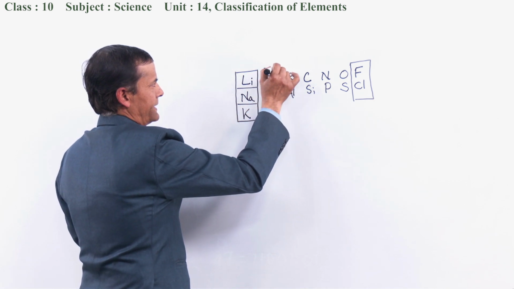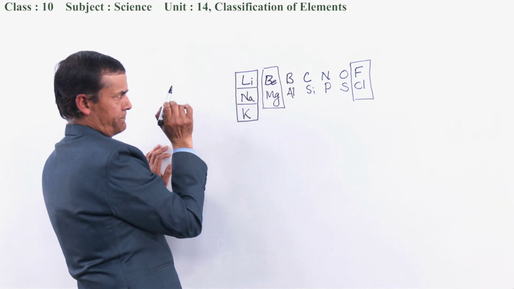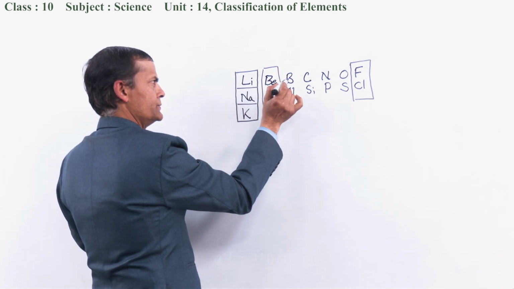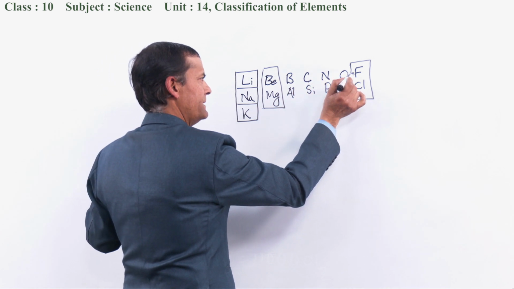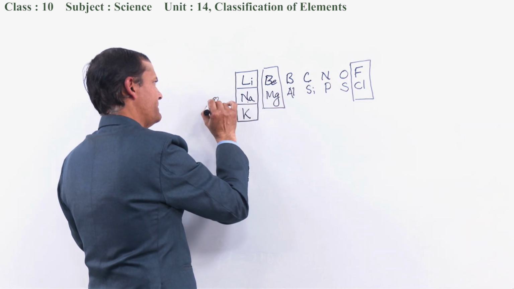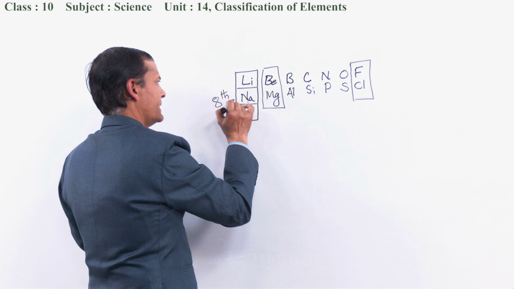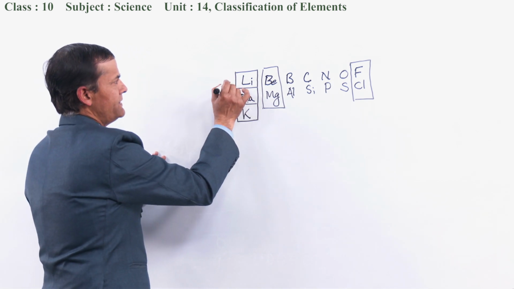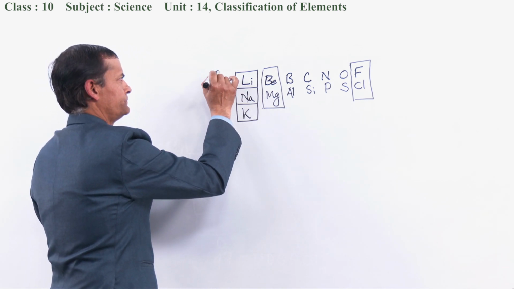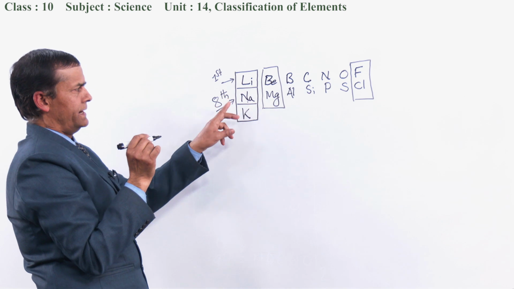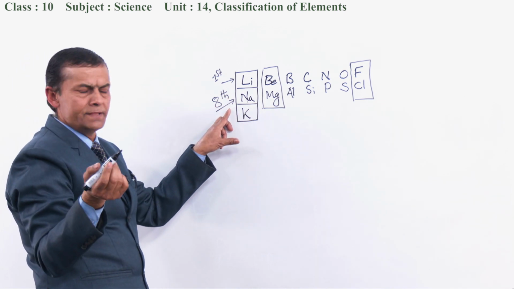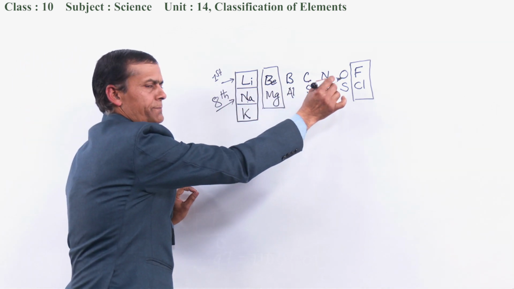Look at it. Here is the periodic function. Periodic function means 1, 2, 3, 4, 5, 6, 7, 8. The eighth element's property is similar to the first element. The first and eighth elements resemble each other in their properties. This is called periodic function.